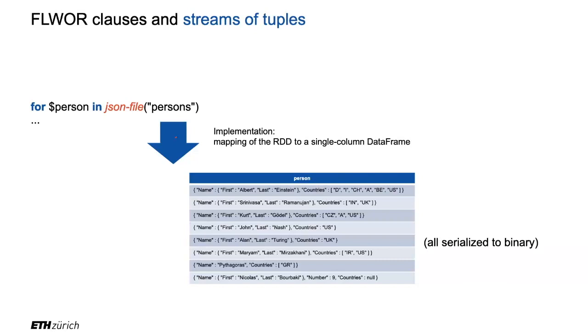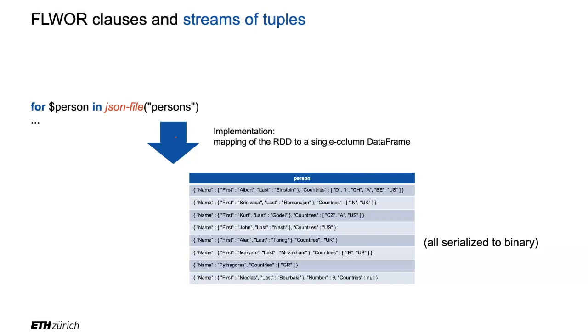And I told you these look like data frames, but in fact, in RumbleDB, we implement them as data frames. So what's going to happen is that we actually create a data frame with one column called person, but the type of that column is just binary because, again, it's a mess. So the only way we can actually force fit that into a data frame with one column is to hit it with a hammer.